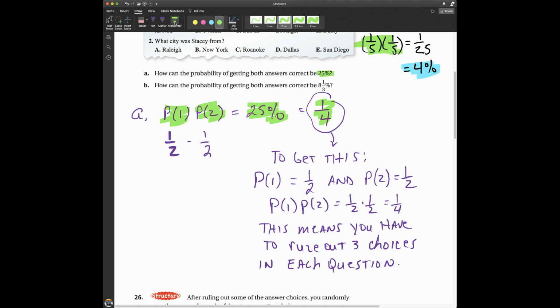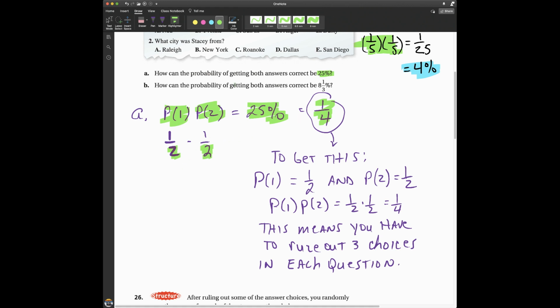Well, if I look at that, that means I don't have 5 choices anymore. I only have 2 for each one. And that's really the only way we could get 1/4. If I eliminate 1 choice from one or 2 choices from one and 3 from another, I can't get to 1/4.